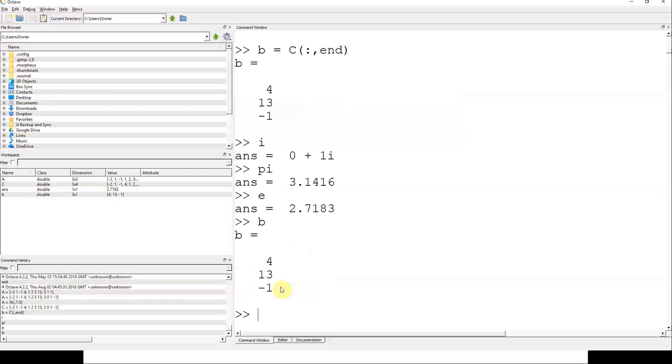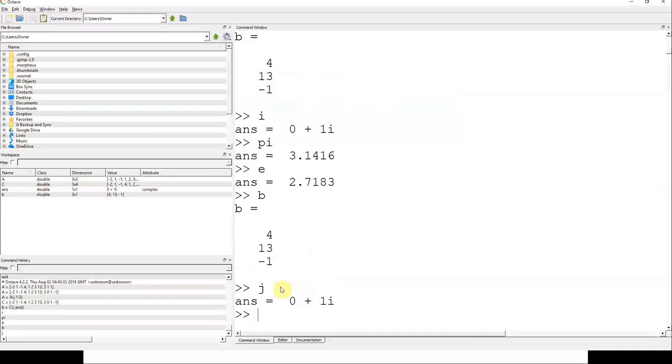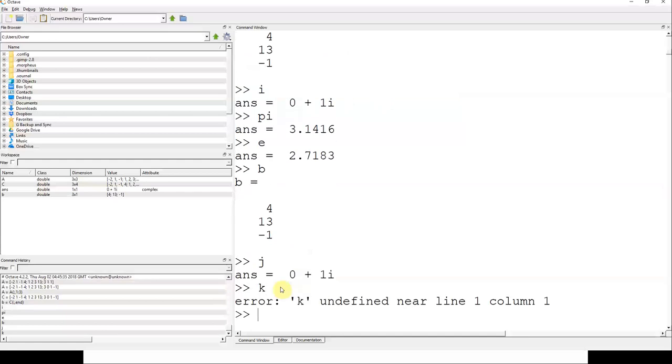J, if you type a variable that you didn't define, J is the same as I. K, what is K? We don't know what K is.